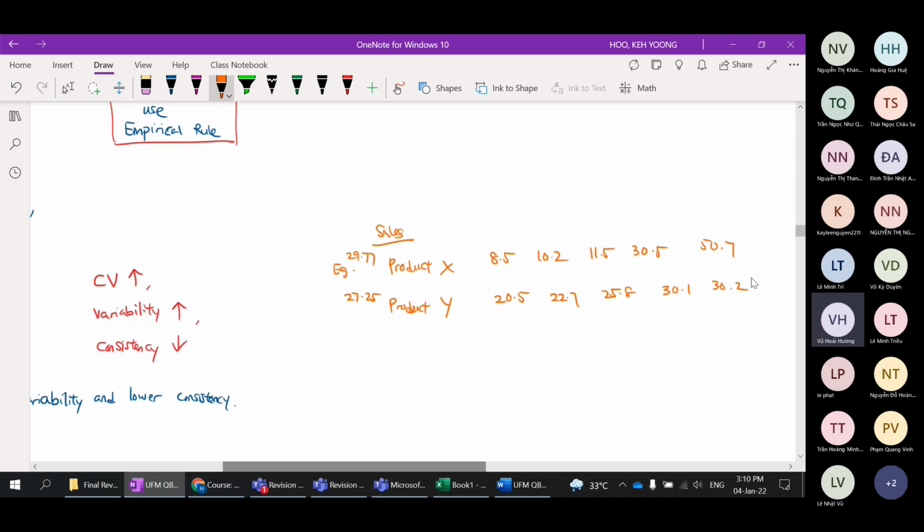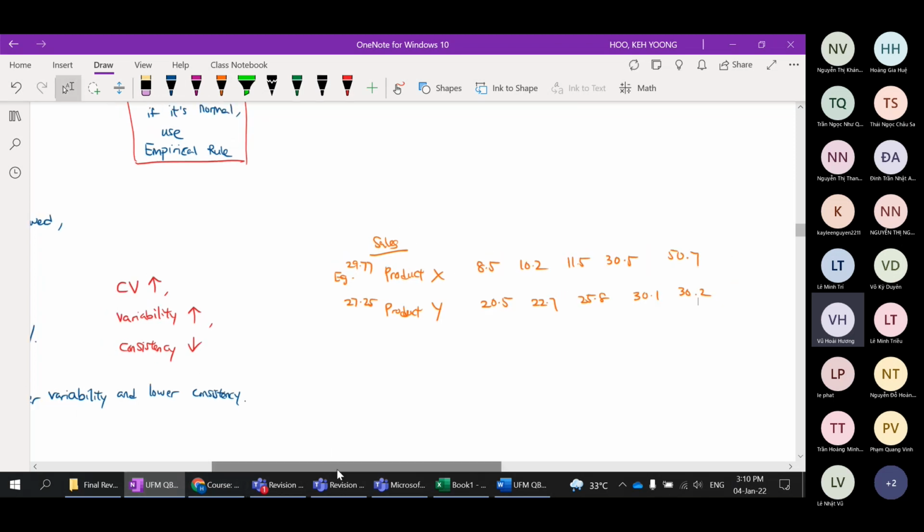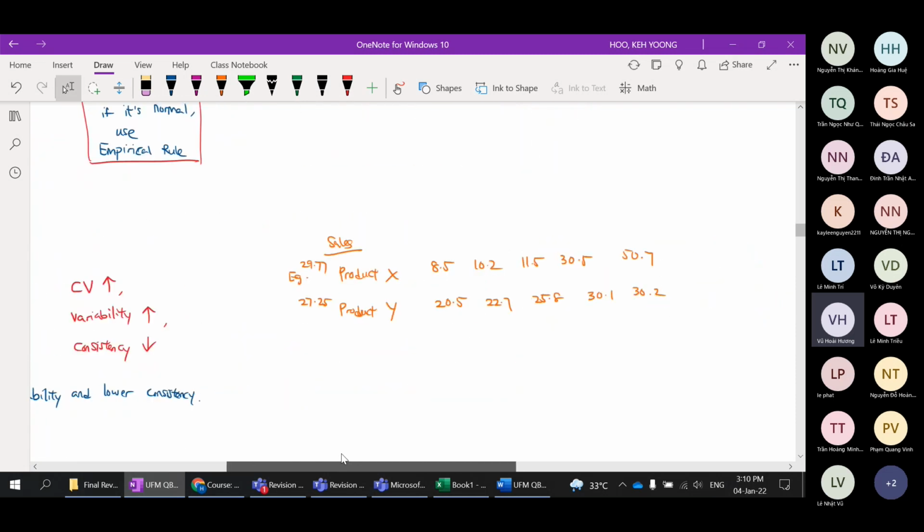So what you can see here is that when you compare product X and product Y data, X has a much wider range as compared to Y. So Y is more consistent. Any questions?